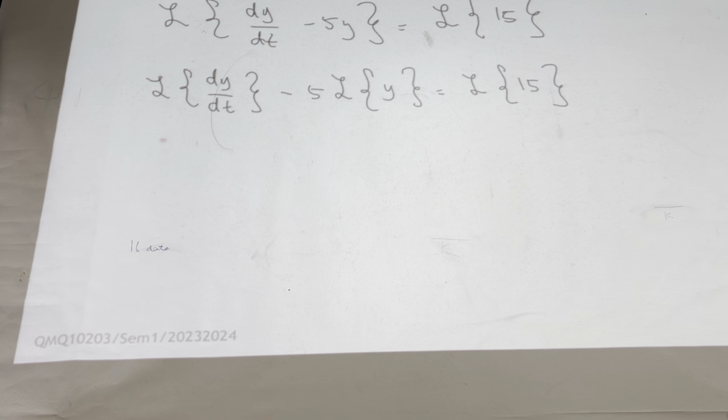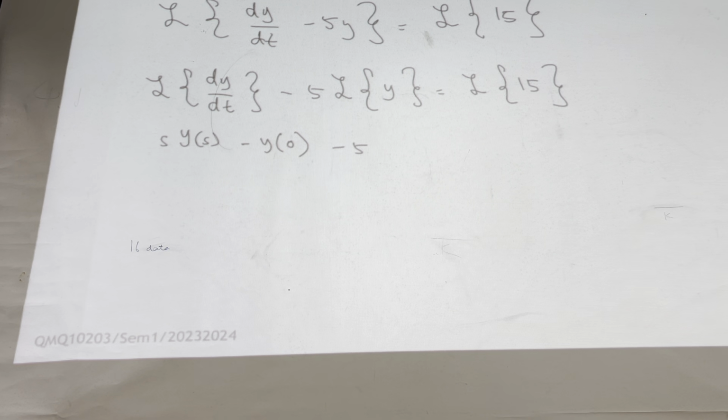So s, small letter s, Y(s) minus y(0), minus 5. What is the transformation of y? This is y(t), so you get Y(s), minus 5Y(s). And then the transformation of 15, 15 over s.